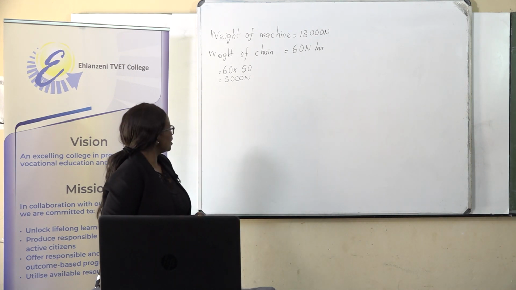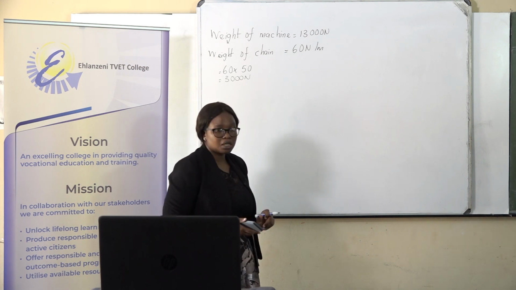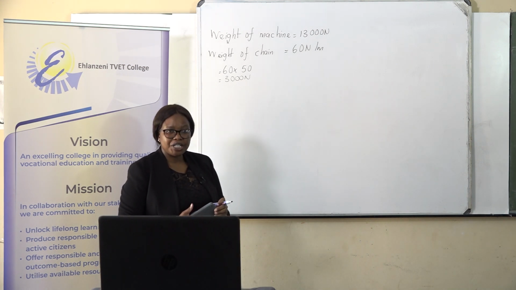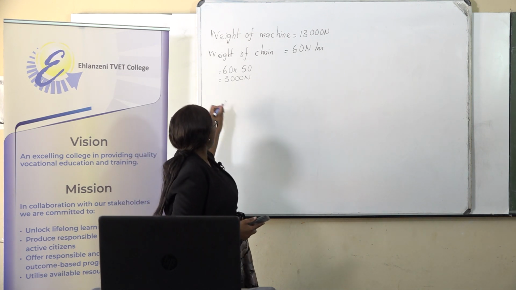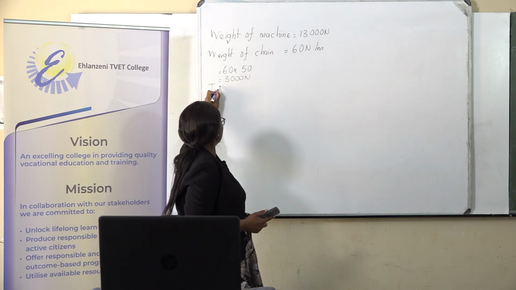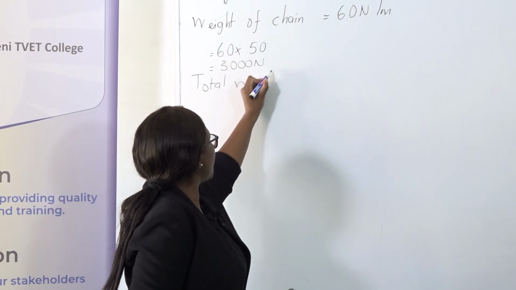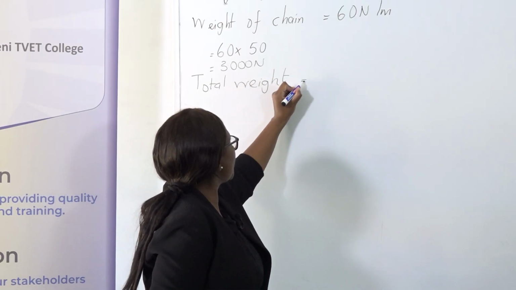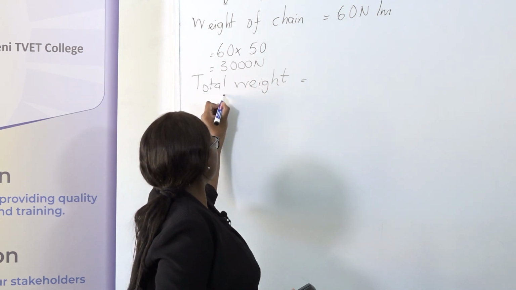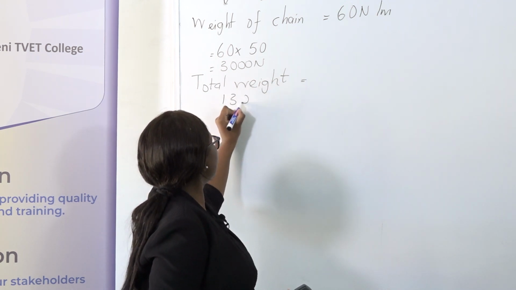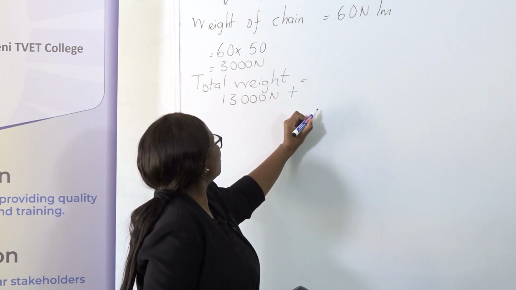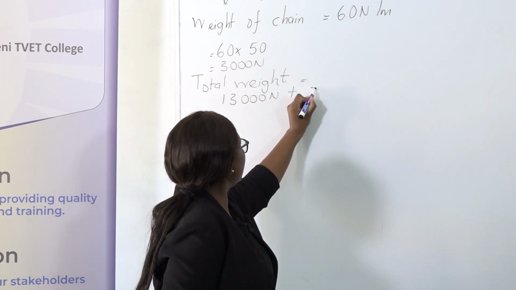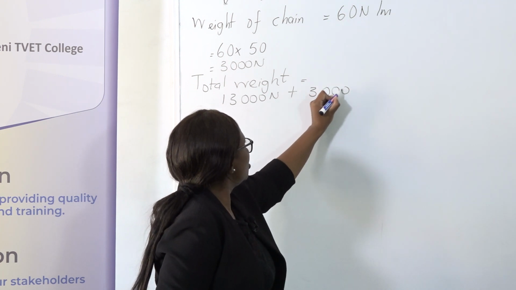Right, now we want to put our total weight, the weight of the machine and the weight of the chain. So our total weight is the weight of the machine, which is 13,000 newtons, plus the weight of the chain, which is 3,000 newtons.